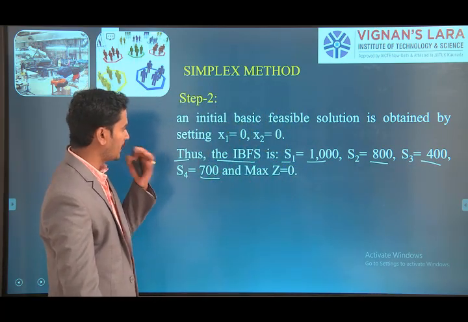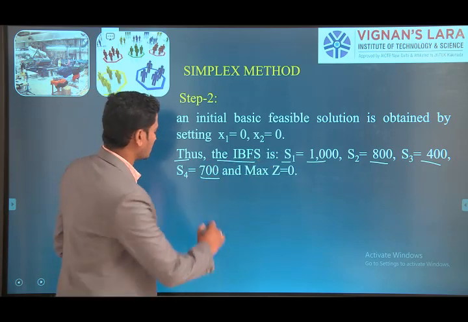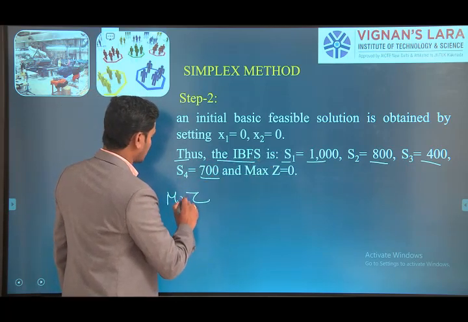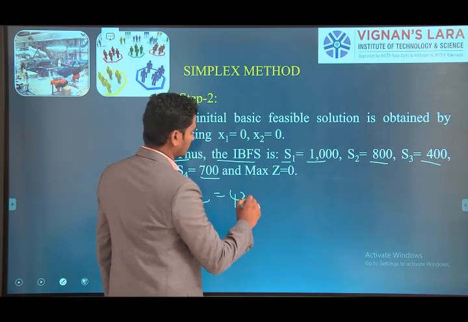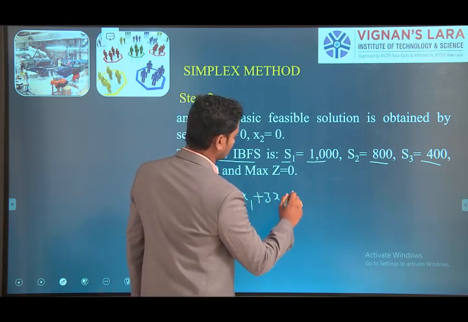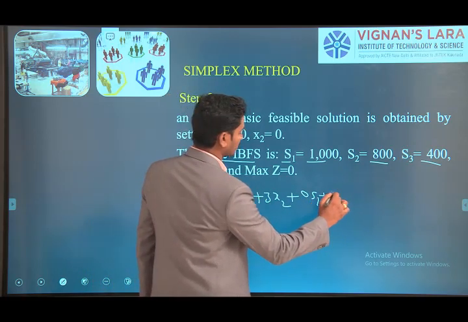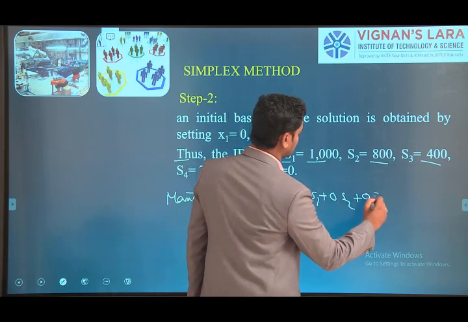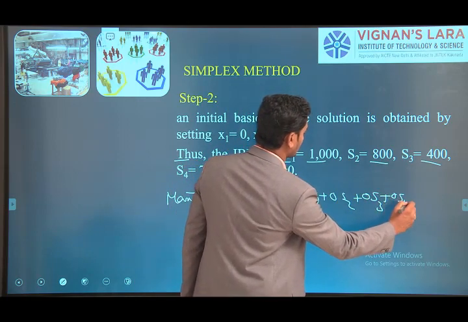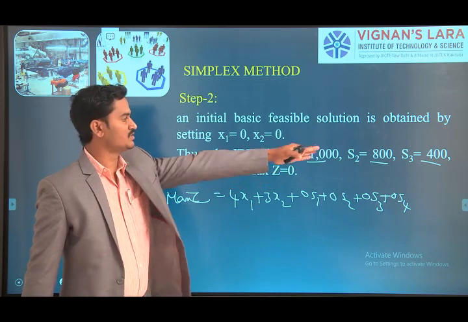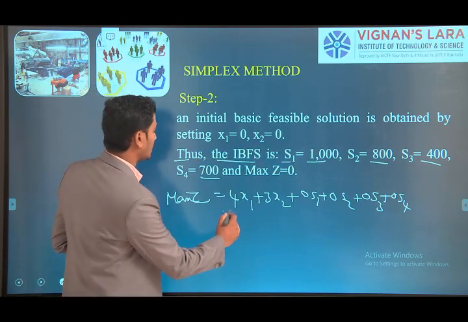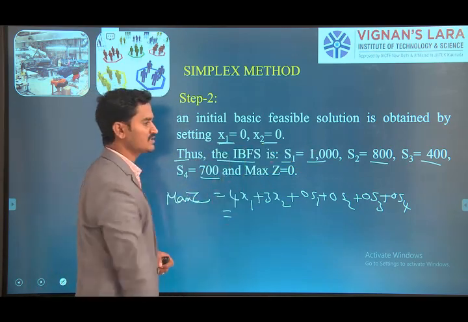Here we substitute these values in the objective function. Maximize z is equal to 4x1 plus 3x2 plus 0s1 plus 0s2 plus 0s3 plus 0s4. This is our objective function. Now we are going to substitute these values in this objective function. Why are we taking x1 is equal to 0 and x2 is equal to 0?